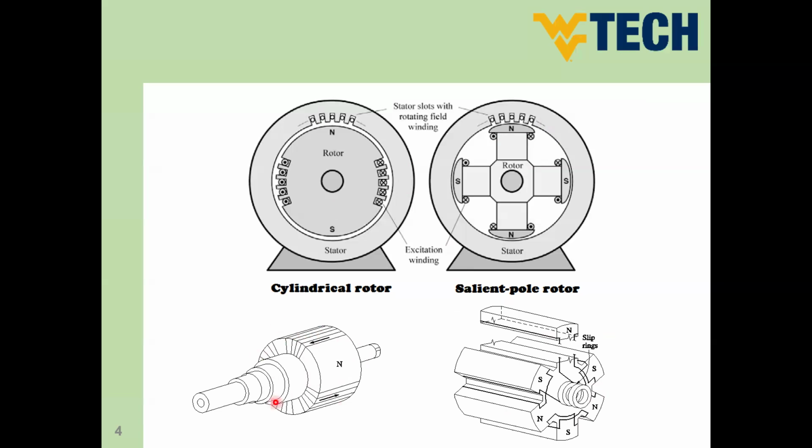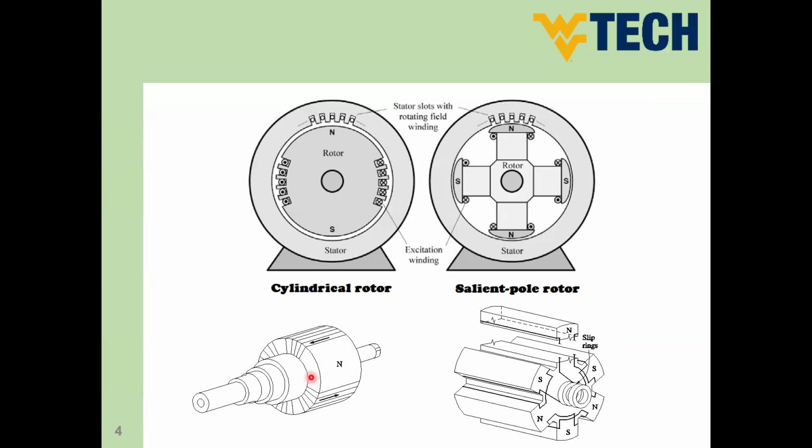The diameter of this rotor in a high power synchronous generator can reach about 3 meters. But in the salient pole type, the diameter of the rotor can reach 15 meters. So the diameter of the salient pole is much larger than the diameter of the cylindrical type.